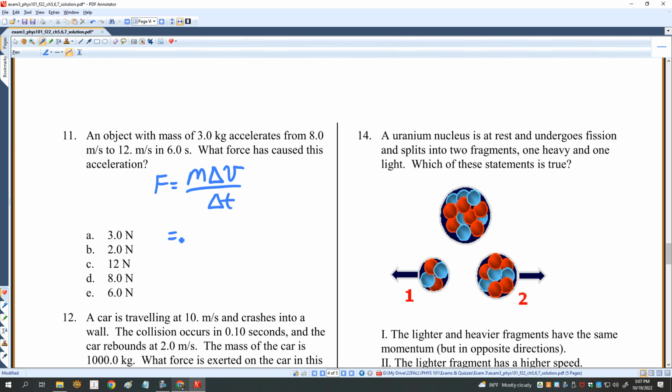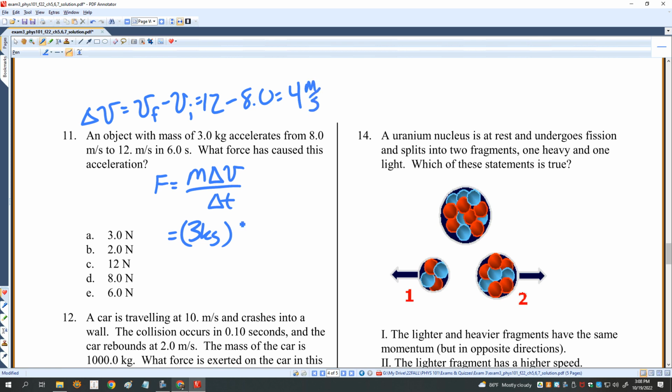So I have 3 kilograms times delta V. Delta V is equal to VF minus VI. That's going to be 12 minus 8, divided by delta T, which is 6 seconds. 12 divided by 6 is 2 newtons.